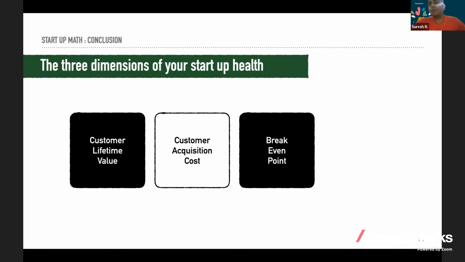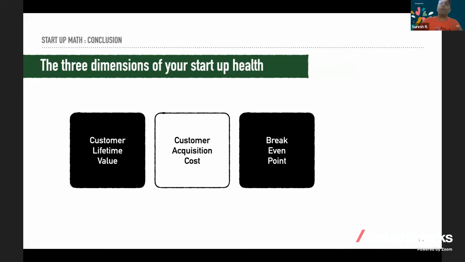Third is your break-even point, meaning have I made enough subscriptions to meet the other fixed costs in running the company, right? So am I able to get enough subscriptions? I could have my customer lifetime value positive and my customer acquisition cost positive, but my fixed cost is so high that the number of subscriptions I have does not tally.